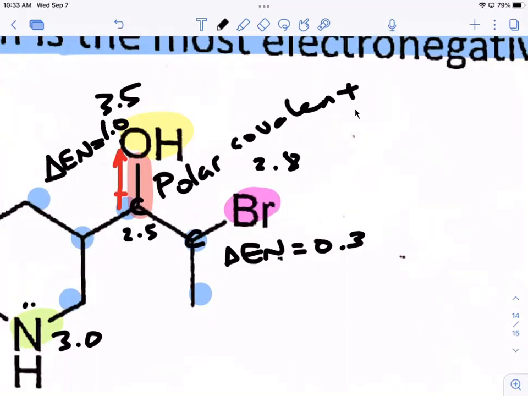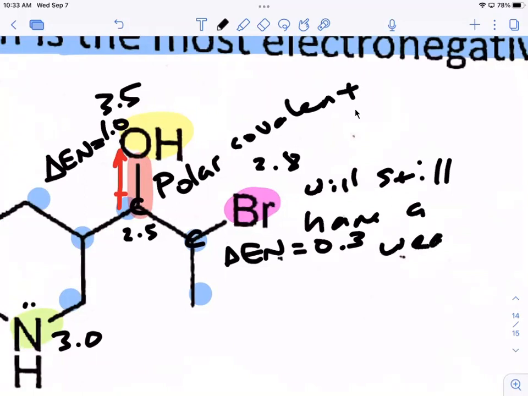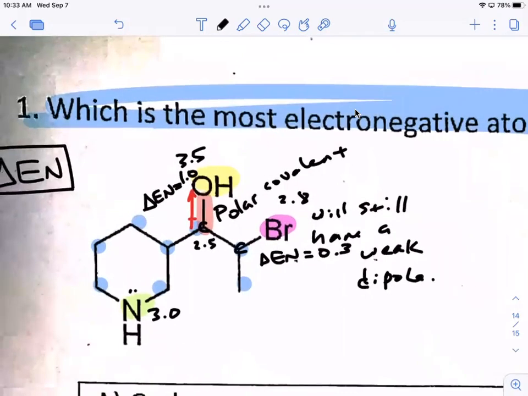It will still have a weak dipole towards bromine, even though it's non-polar. It's not a polar covalent bond.